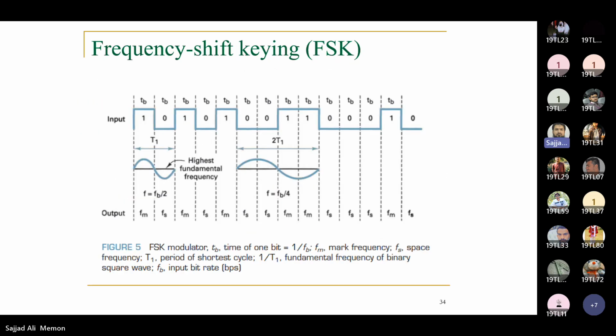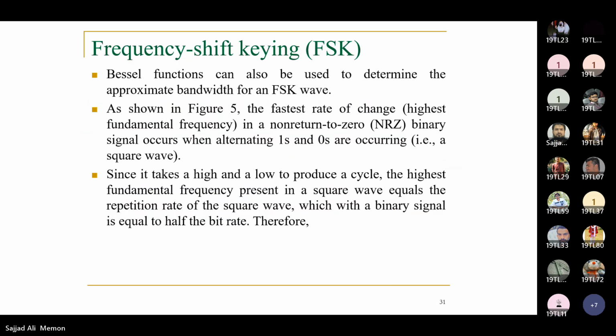This is your figure 5. The fastest rate of change, that is the highest fundamental frequency in a non-return to zero binary signal, occurs when alternating 1s and 0s are occurring, that is a square wave. Since it takes a high and low to produce a cycle, the highest fundamental frequency present in a square wave equals the repetition rate of the square wave, which for a binary signal is equal to half the bit rate.